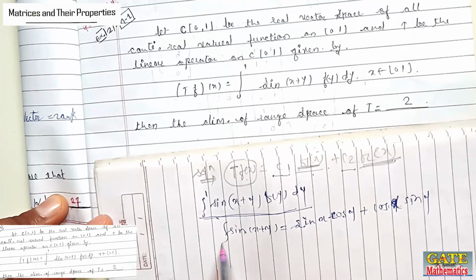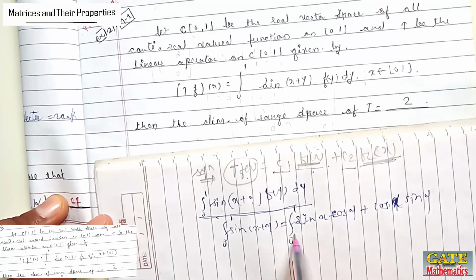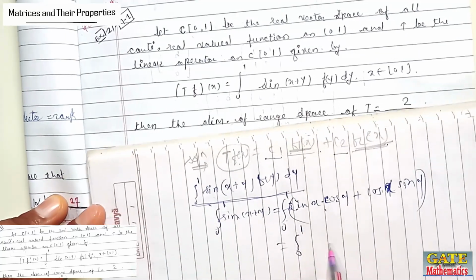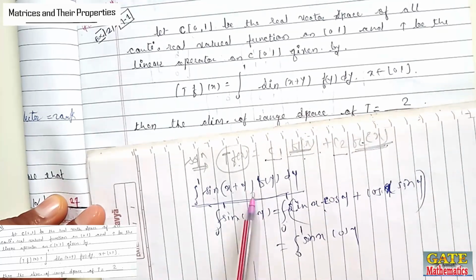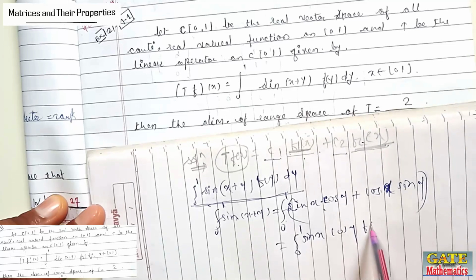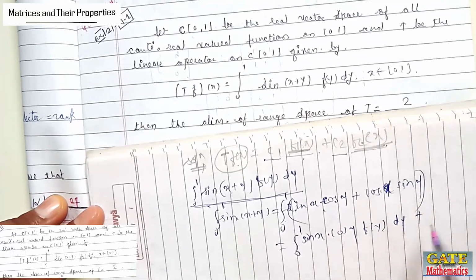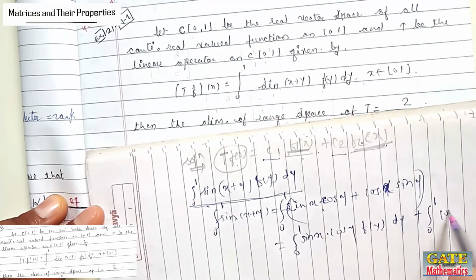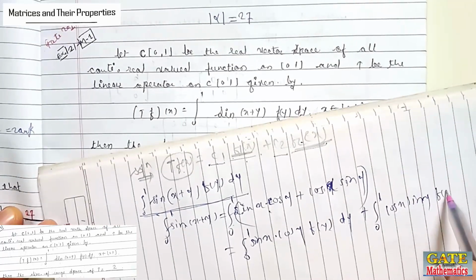So the integral over 0 to 1 can be written as the integral over 0 to 1 of sine x cos y f of y dy, plus the integral over 0 to 1 of cos x sine y f of y dy.